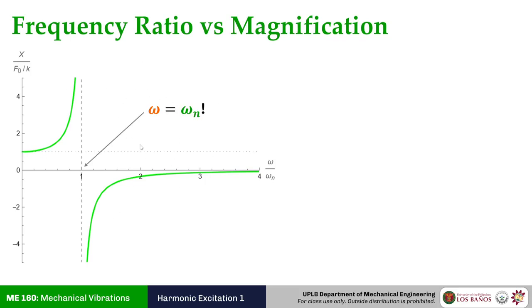So if your forcing frequency happens to find the natural frequency, your entire system will go wild. And because it is such a distinct part of the behavior of systems under harmonic excitation, we can define the rest of the behavior regime in accordance to the value of omega with respect to omega n, or in this case, with respect to the value of r equals 1.